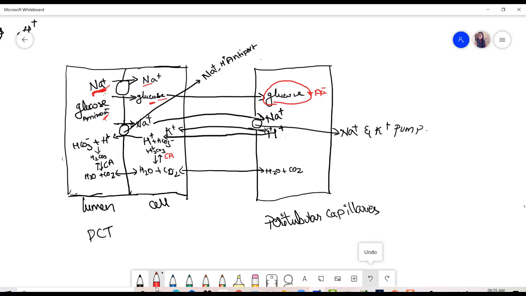The water and carbon dioxide in the lumen and in the cell will be sent to the peritubular capillaries, and this will be a to-and-fro motion. It will go back to the capillaries and come back to the proximal convoluted tubule. It is a continuous process. So this is our proximal convoluted tubule.